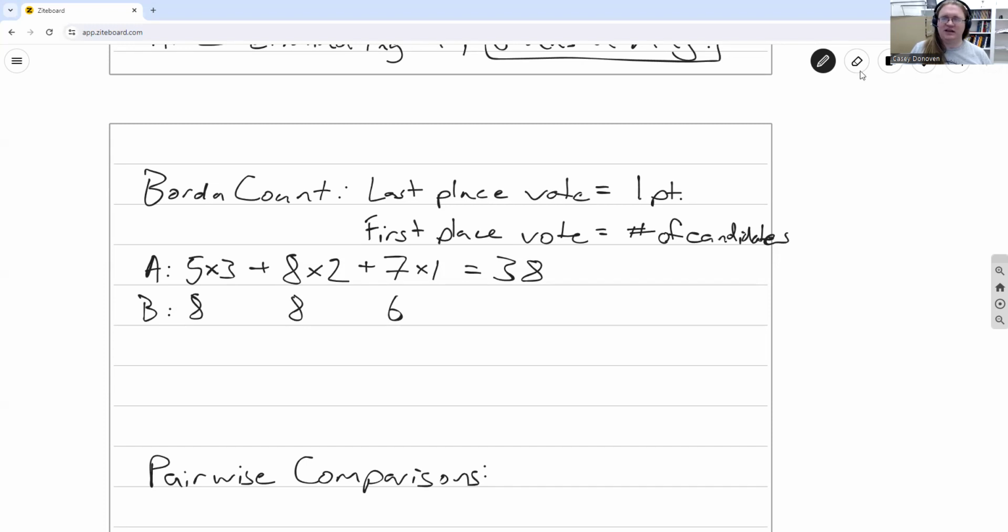With 6 first place votes, each one worth 3 points, 8 second place votes, each one worth 2 points, and 6 last place votes, each one worth 1 point, we can total this up. B had 18 and 16 is 34, plus another 6 is 40 points.